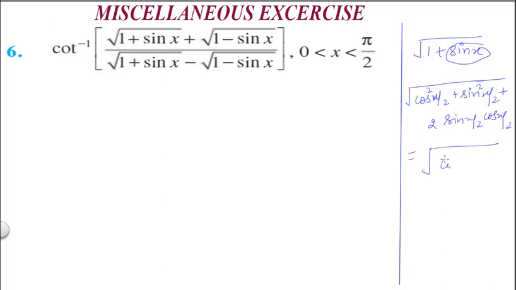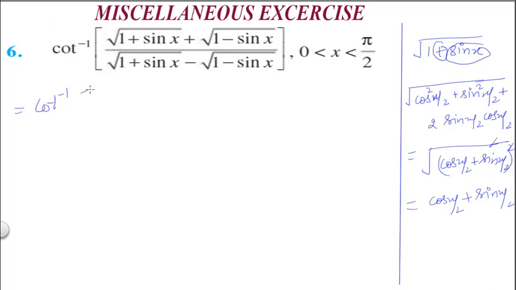This can be written as cos of x by 2 plus sin x by 2 whole square. Whole square and root will get cancelled. So we are just left with cos of x by 2 plus sin of x by 2. Similarly, where we have the minus sign in between, we will form a formula of cos x by 2 minus sin x by 2. Let us put these values there.